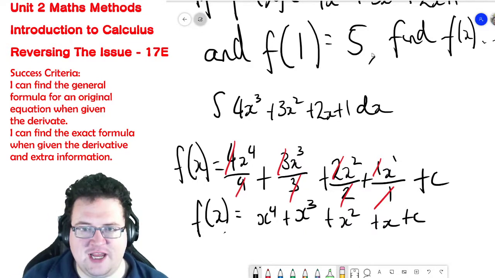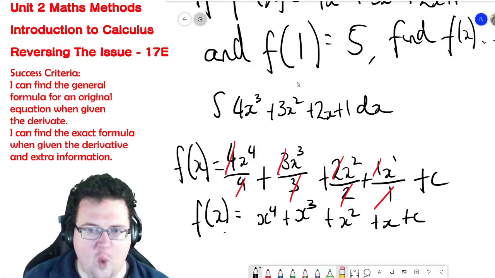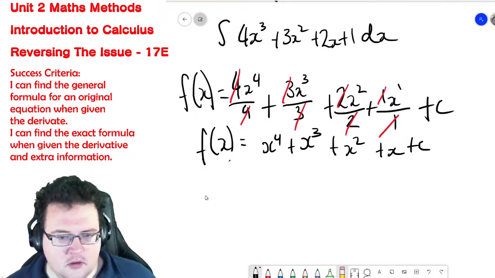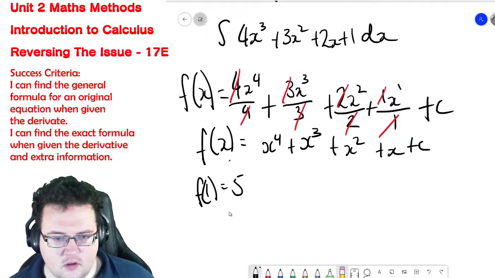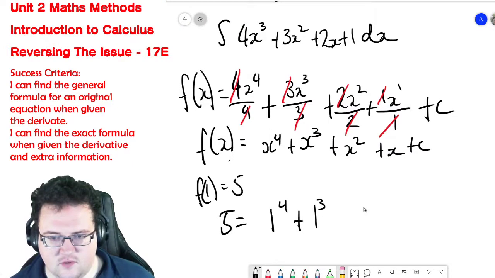Now is when I bring in that other piece of information that I know. I know that f of 1 is 5. So I can now substitute in, if f of 1 equals 5, then 5 equals 1 to the 4 plus 1 to the 3 plus 1 to the 2 plus 1 plus c.